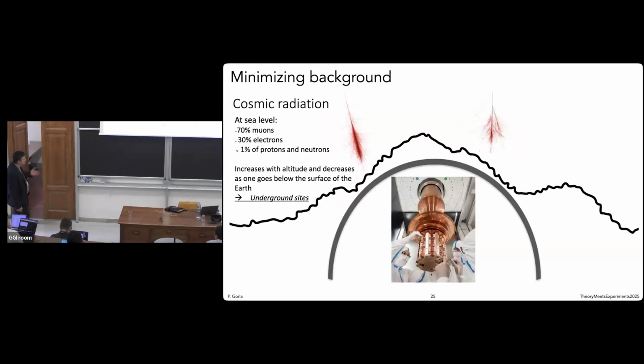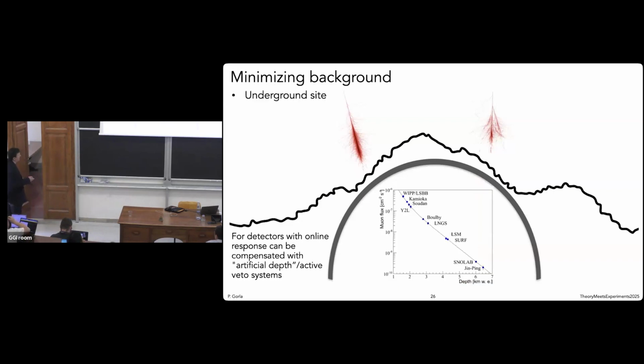This you heard. The first background you have to reject is cosmic rays. So you typically go to underground laboratories, and there are a number of underground laboratories around the world with different depths. For detectors with online response, so you get the time information on the event interaction, you can help the effect of the mountain or the ground shielding of cosmic rays with some tagging or rejection of the incoming radiation.